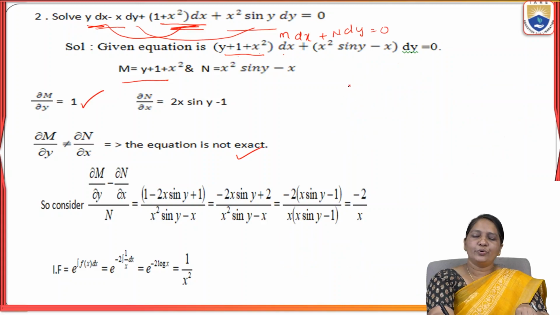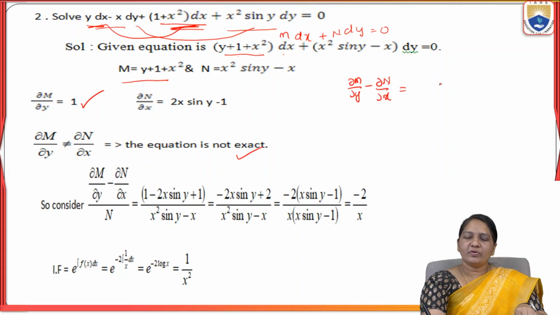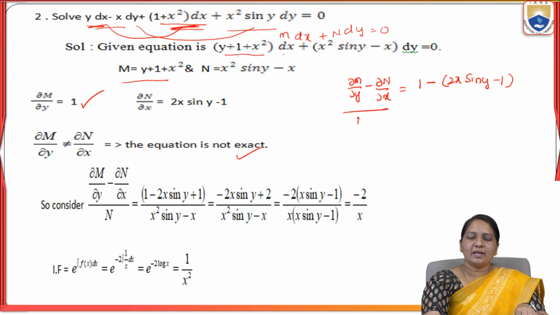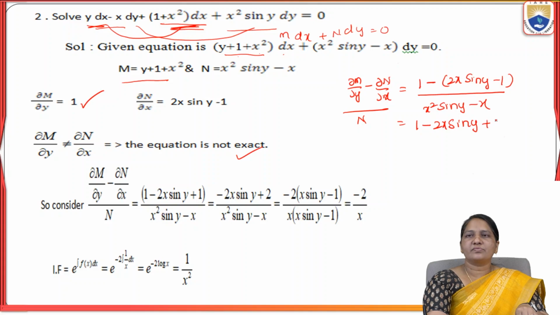See here, dou M by dou y minus dou N by dou x. So what is the dou M by dou y value? 1, minus the dou N by dou x value, which is 2x sin y minus 1, divided by N. What is the N value? x square sin y minus x. So when you simplify this, 1 minus 2x sin y plus 1.